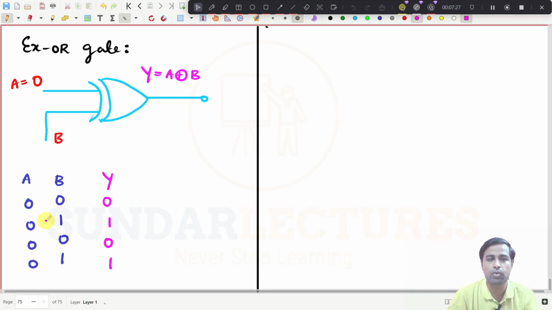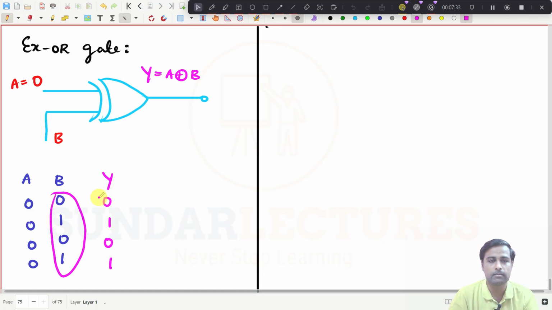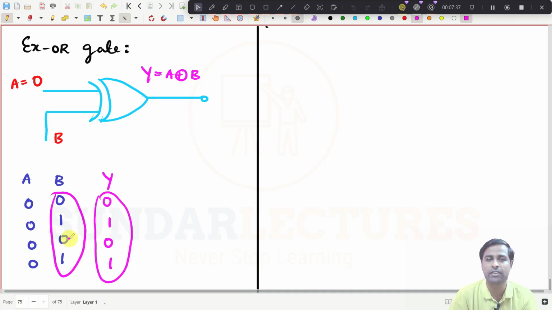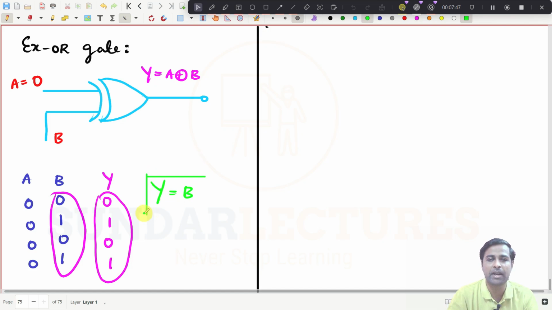And now you compare this one with this one. See, what happens here? Both are the same, right? 0 1 0 1, and 0 1 0 1. And what does the output look like now? The output becomes B. Am I right or wrong? Can you understand what I am saying?